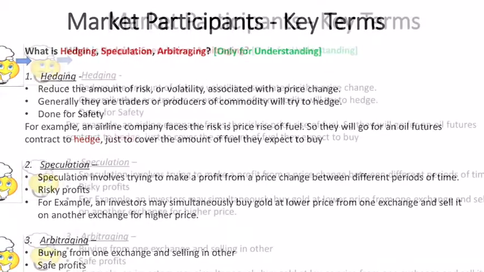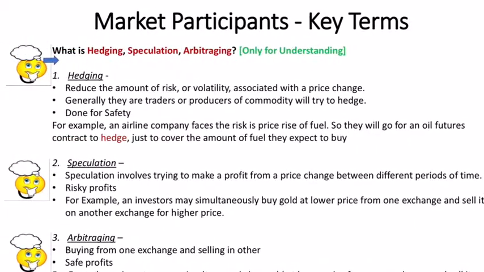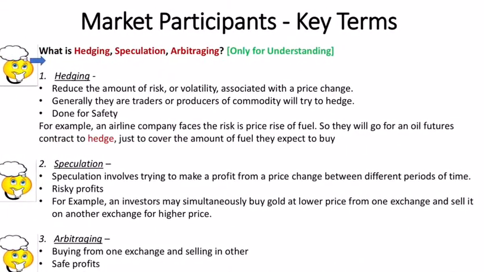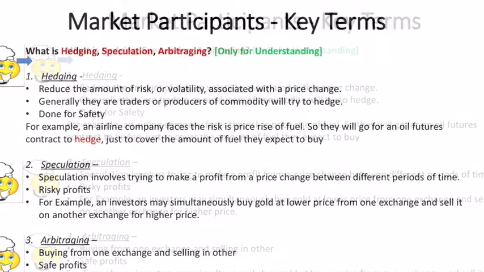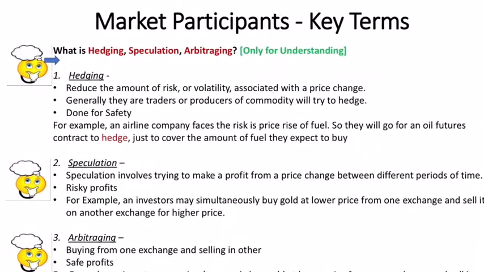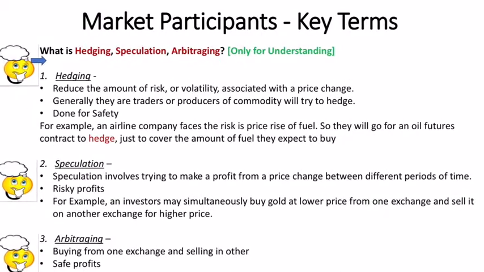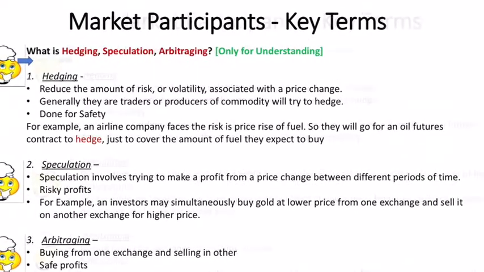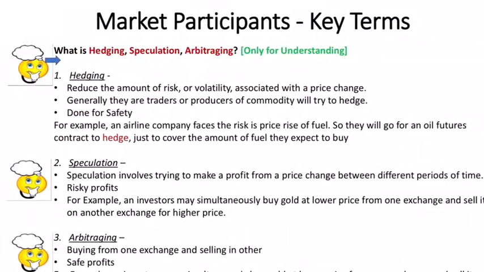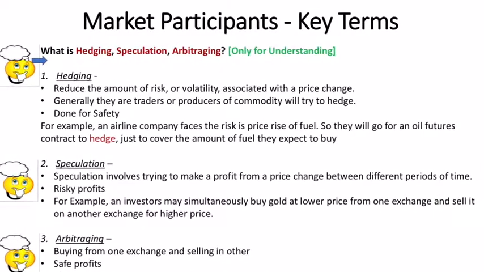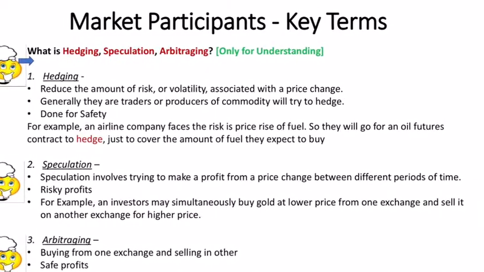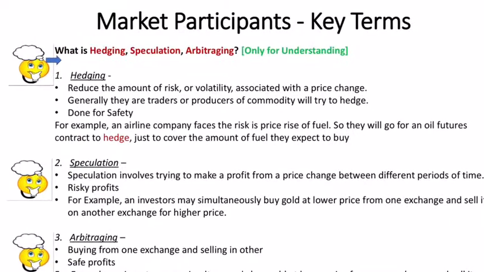So thinking about all that, the airline company might enter into a futures contract. That is to say, today they might enter into a contract saying that in the future they will buy so much quantity of oil at a certain price. Okay. So what is the advantage they get?